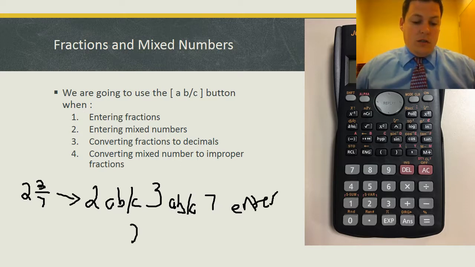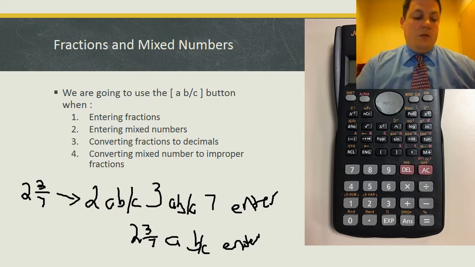You should see 2 3/7 on your screen now. Then you are going to hit just ABC again. Enter. And then you will see the decimal equivalent.